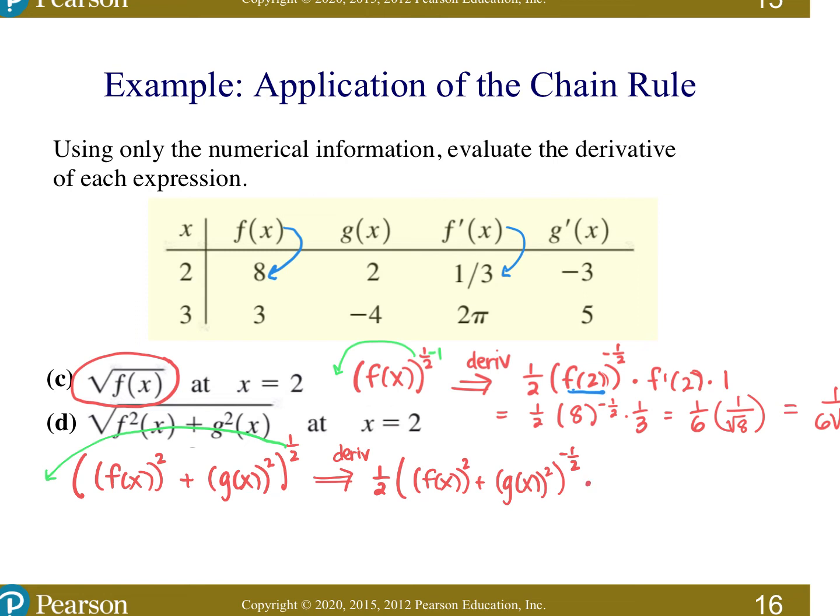The next part of the chain means I need to tackle the inside. And now it's time for that 2 to get pulled to the front and this square to get pulled to the front.